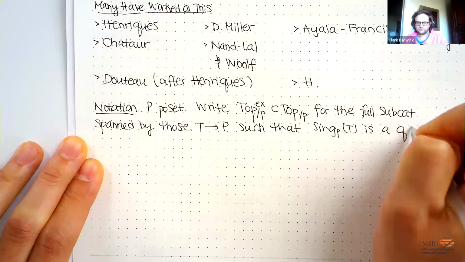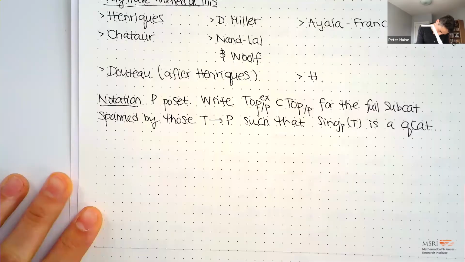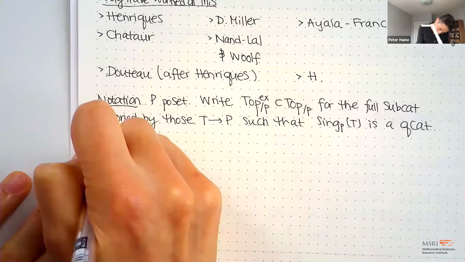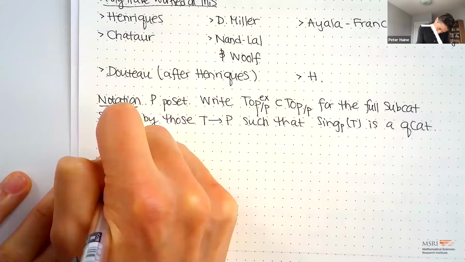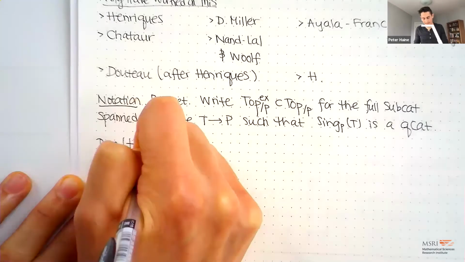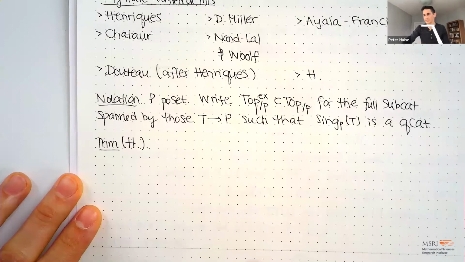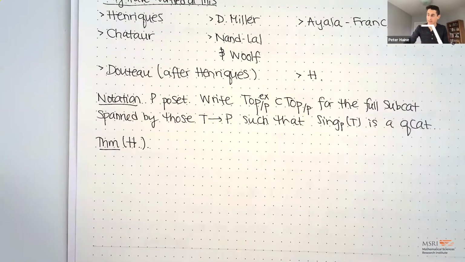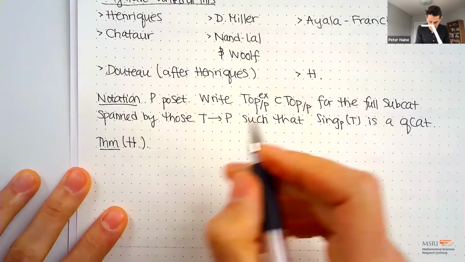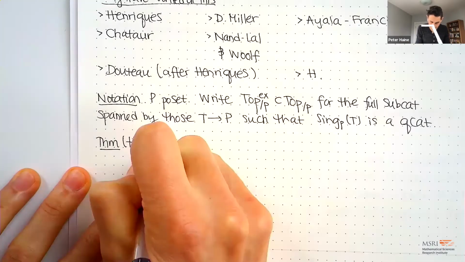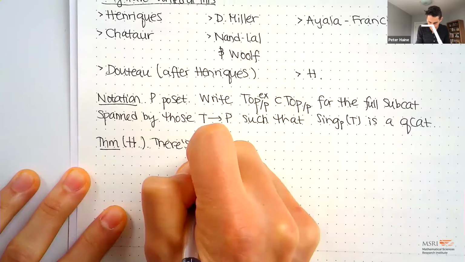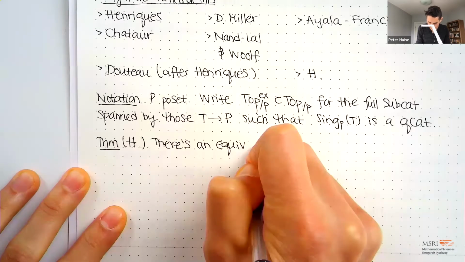Okay, and so here's the theorem that sort of realizes, in as general a way as I could find, this stratified homotopy hypothesis. So it's that there's an equivalence of infinity categories.